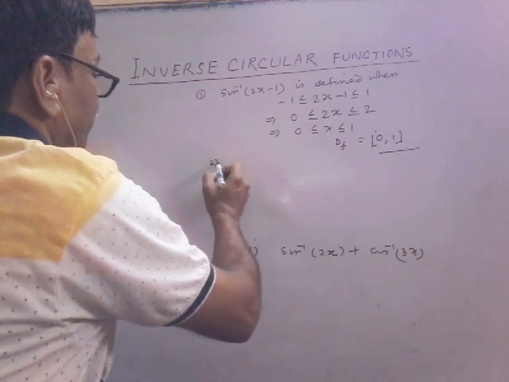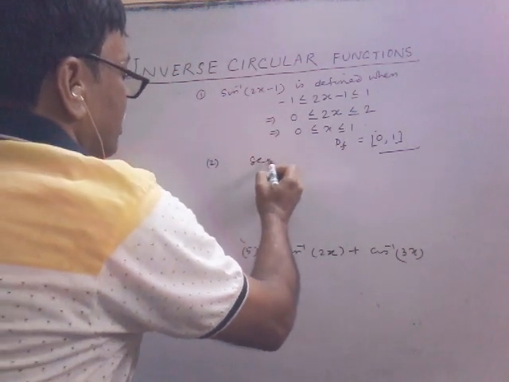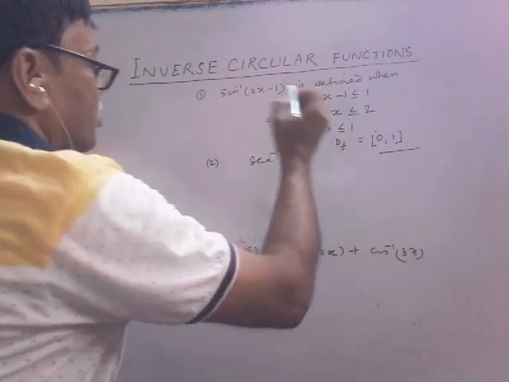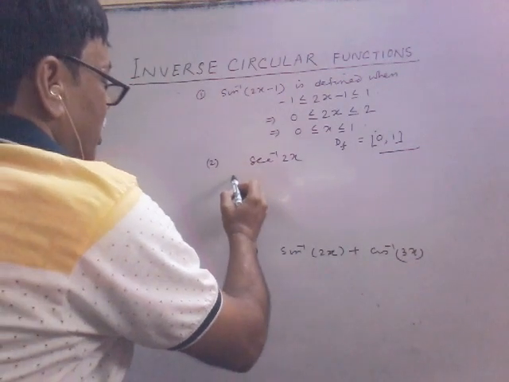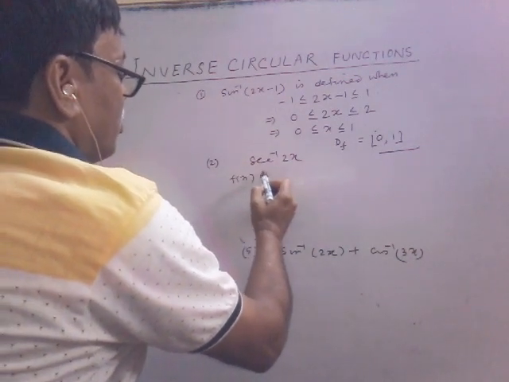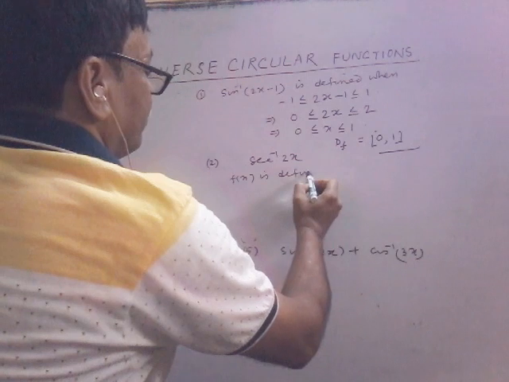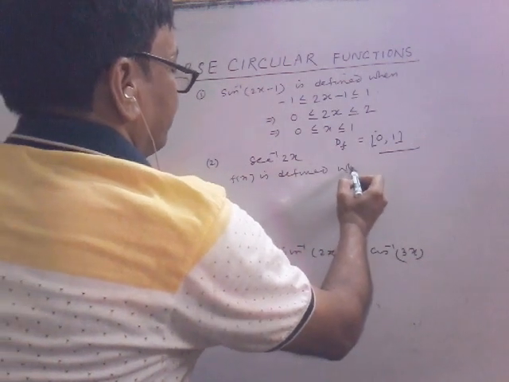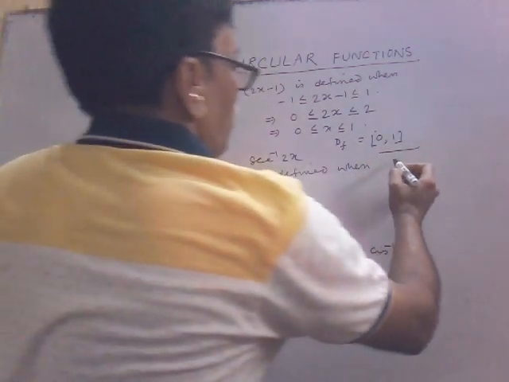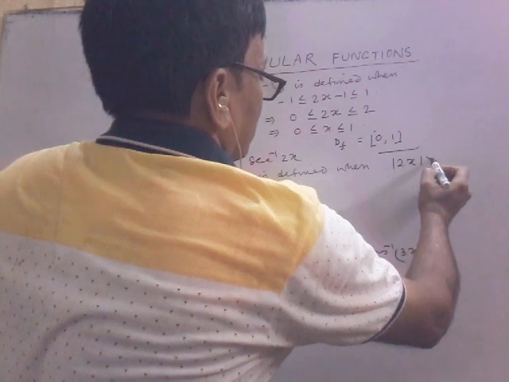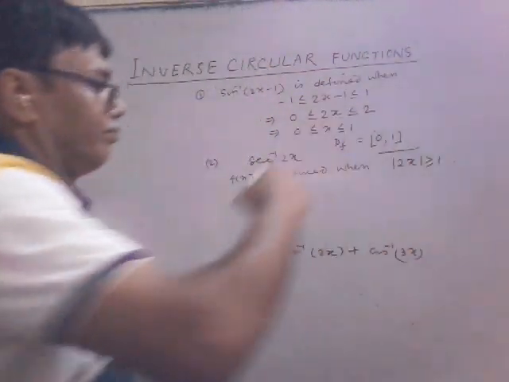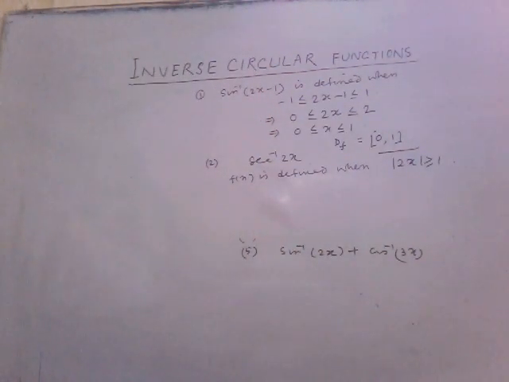Number 2, sec inverse 2x. So f(x) is defined when mod 2x is greater than or equal to 1. Mod 2x.